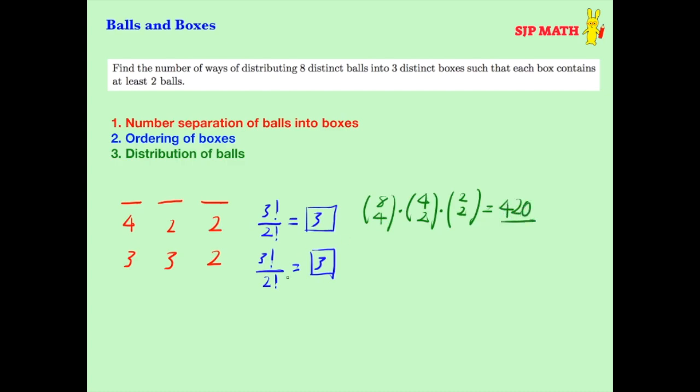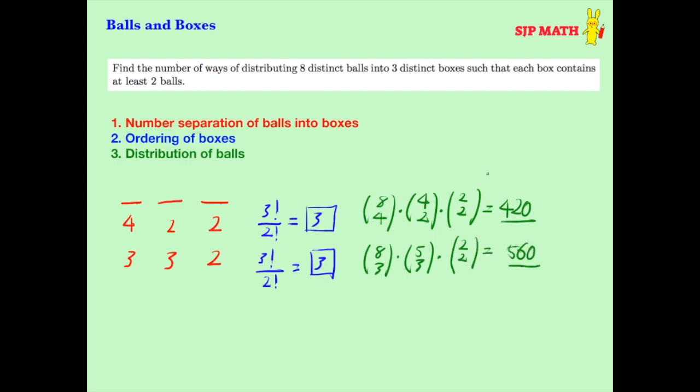And for the second case, it's the same thing. We have to choose 3 balls from the 8 distinct balls, so it's going to be 8 choose 3, times choosing 3 balls from the remaining 8 minus 3 equals 5 balls, which is 5 choose 3. Then we have to choose 2 balls from the remaining 2 balls, which is 2 choose 2, and this equals 560.